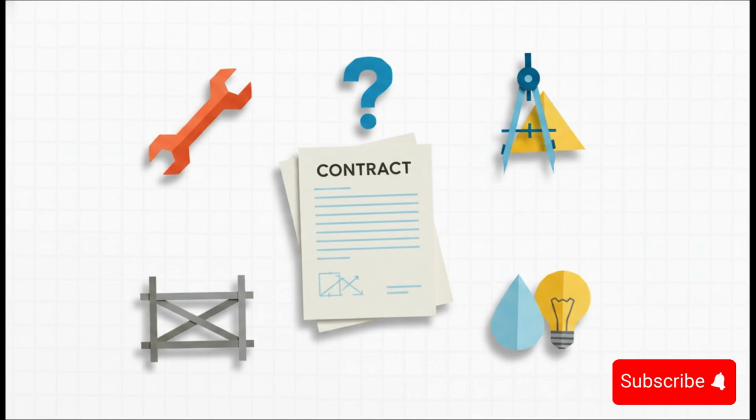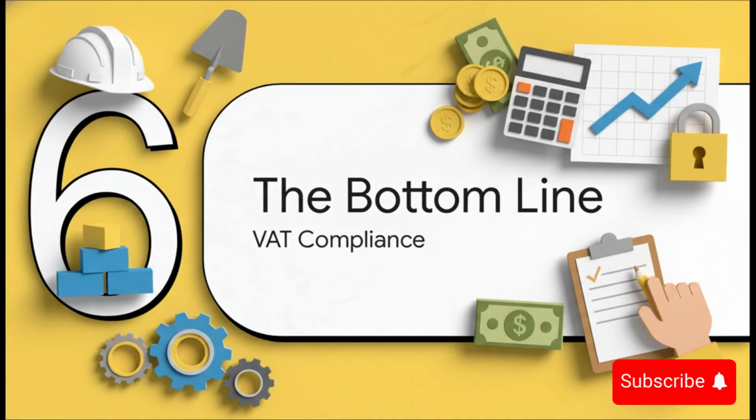And finally, utilities and public bodies are almost always treated as end users, which means the DRC won't apply to them at all. Ultimately, the specific context of the work changes everything, so you have to look closely at every single contract. And finally, we arrive at Section 6, the bottom line: taking control of your VAT compliance.